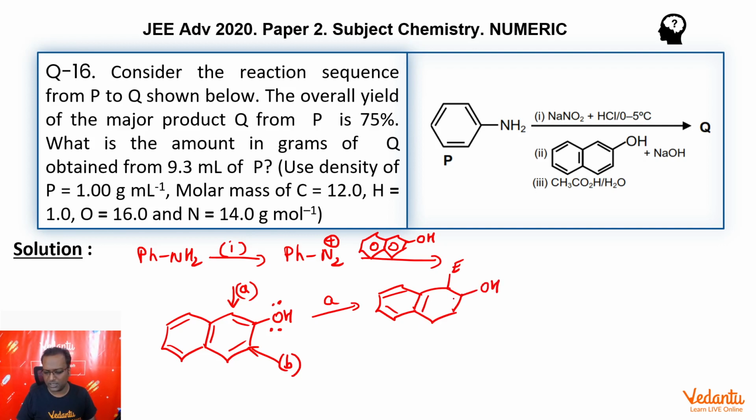The positive charge will come here and the pi bond will be here. As you can see, the second ring is still a benzenoid type structure. Even if I resonate this positive charge once, even twice, it still remains a benzenoid structure.